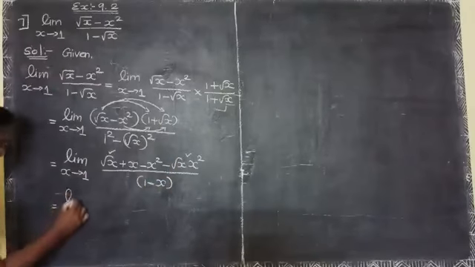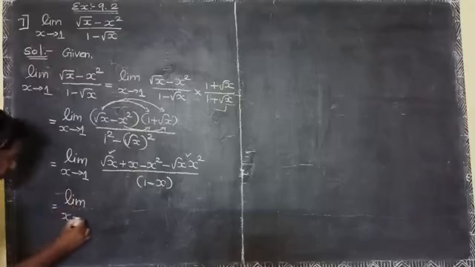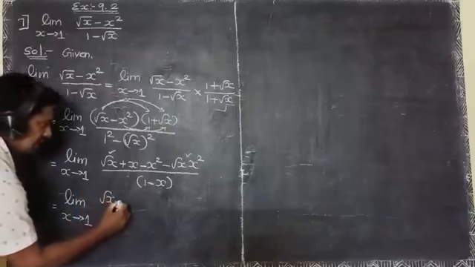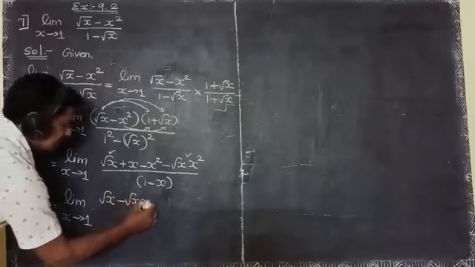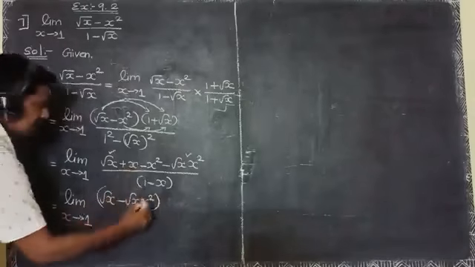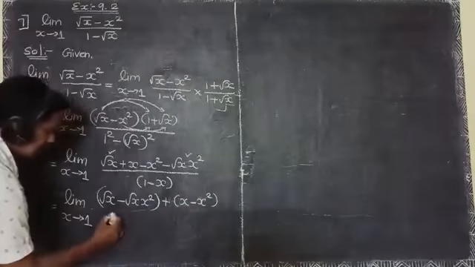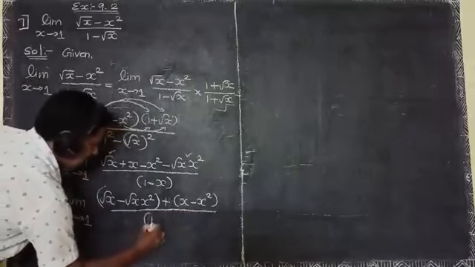That is limit x approaches 1, (root x minus root x into x square plus x minus x square) divided by 1 minus x.